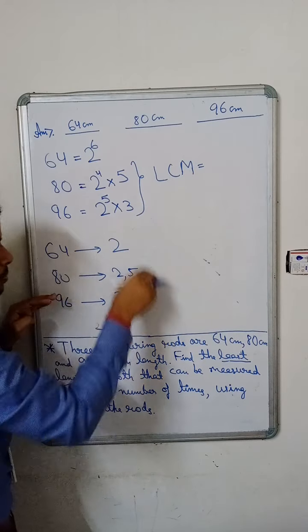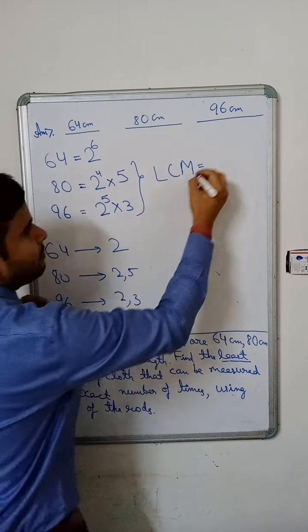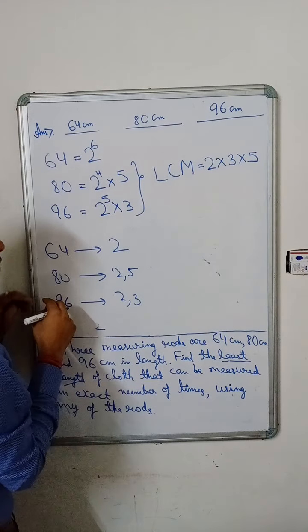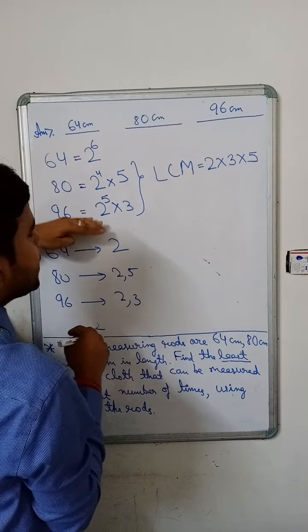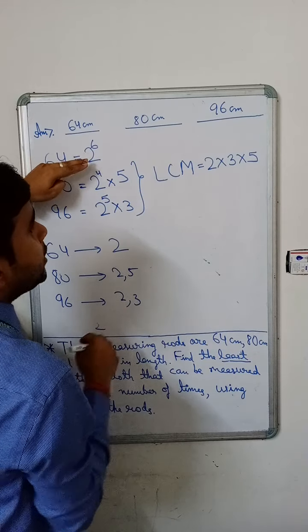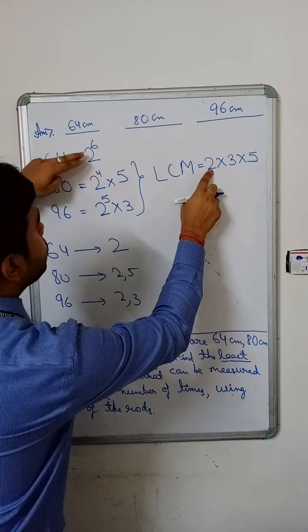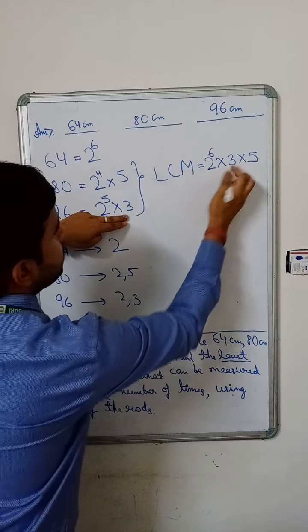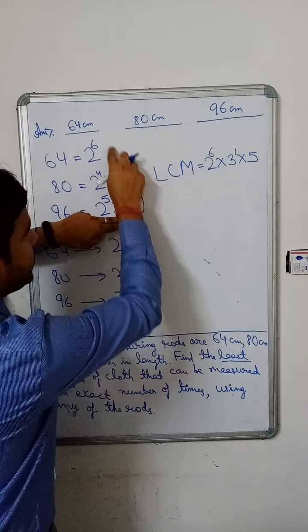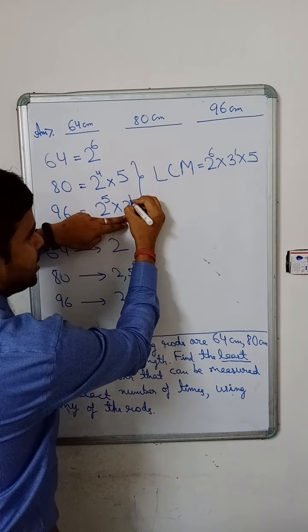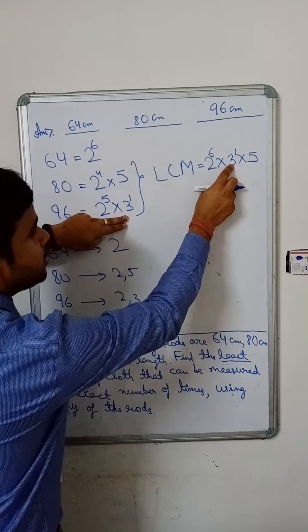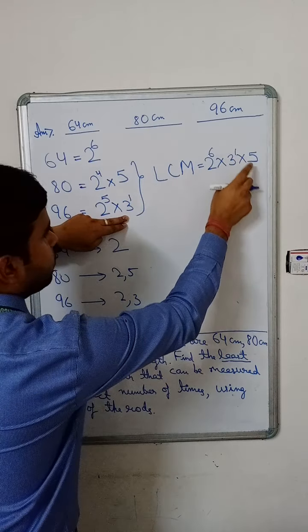now write down all the prime factors which you find here. All prime factors are 2, 3 and 5. Now, in all the three cases, which is the greatest exponent of the prime factor 2? 6, 4, 5. Which is greatest? 6. 3 to the power 1, you don't find 3 in the first two cases. So the greatest exponent of the prime factor 3 is 1.